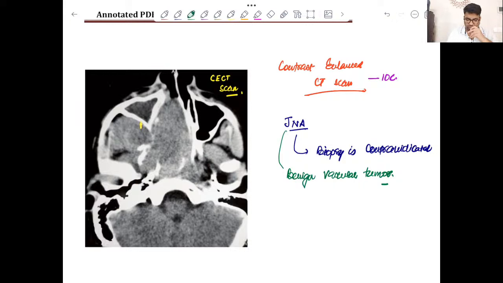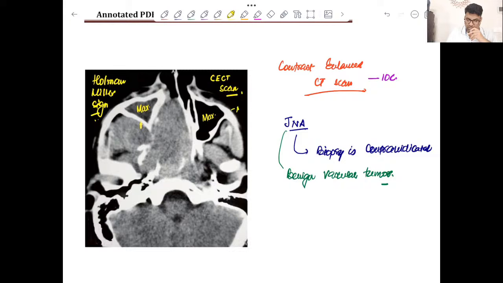And yes, what we will see here is a classical Holman-Miller sign. Let us see how it looks. Now this is the maxillary sinus. Now this is the normal side.